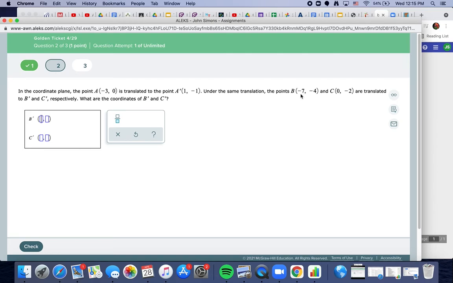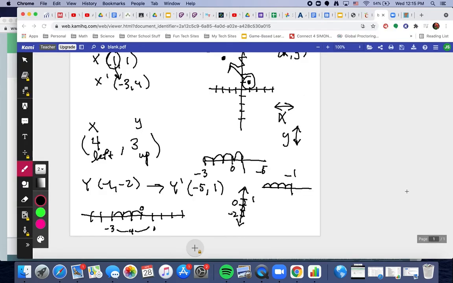So let's try that. If we start with -7 for my B, and we go to the right 4 units, you go 1, 2, 3, 4, that's going to put you at -3. And if you don't believe me, each one of these humps gets the next consecutive integer.